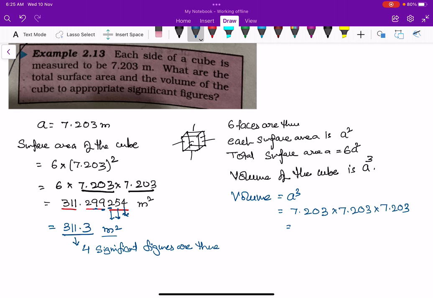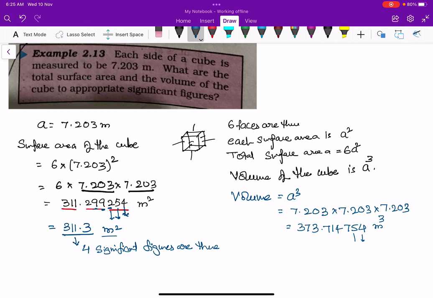What should the answer contain? The answer should contain only 4 digits, right? It is coming out to be 373.714 meter cube. So this can be dropped.